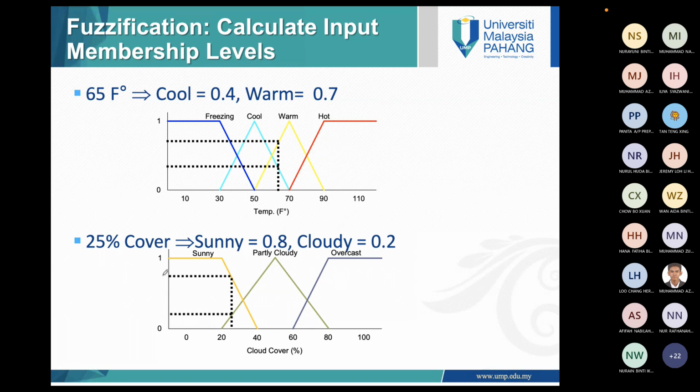It says in the question earlier, it has 25% cloud cover, so 25% cloud cover should fall here. So it will be partly cloudy 0.2 and then sunny is 0.8.